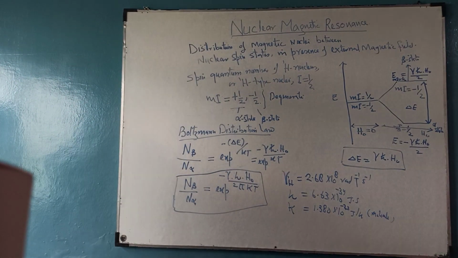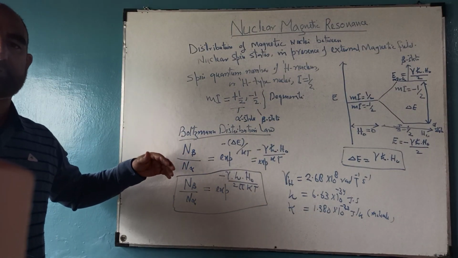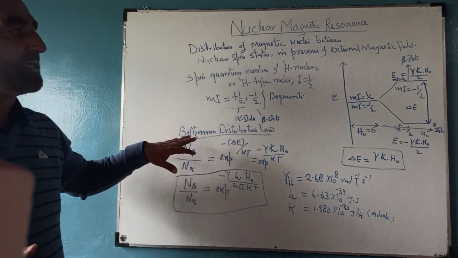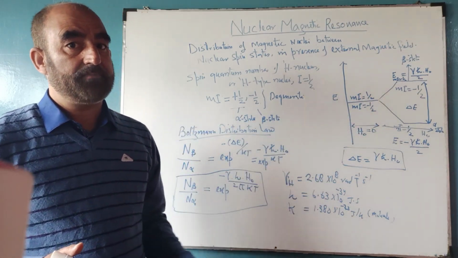Now using this expression we can calculate, and let's take an example to see what will be, on an average, the distribution of the population between these two states. Why is that important?